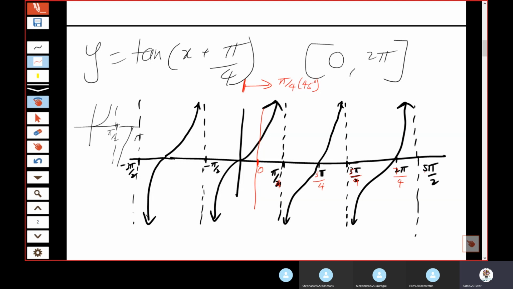What's halfway between 360 and 450? Why is my brain not working? 360 plus 450 divided by 2. Okay, this number here is 405 degrees. So what was that? 9 pi on 4. So this was originally 9 pi on 4. But when you take away pi on 4, that's actually going to get you 2 pi.